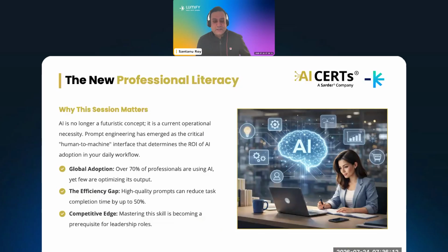So let's start with a very basic topic like prompting. Why is this important? Well, AI has become the new professional literacy these days. It has become a part of everyday work. It's no longer a future technology. People are already using AI in their daily jobs. So, what is the importance of prompt engineering?